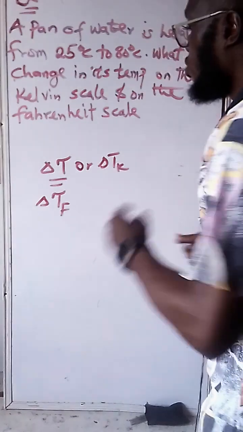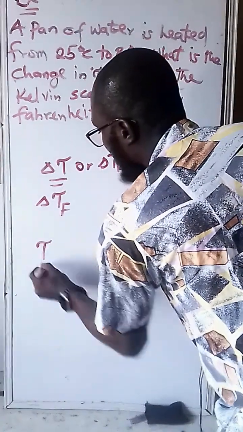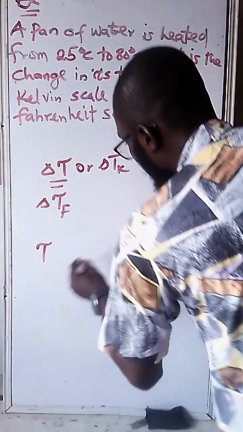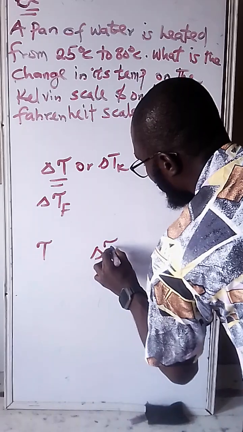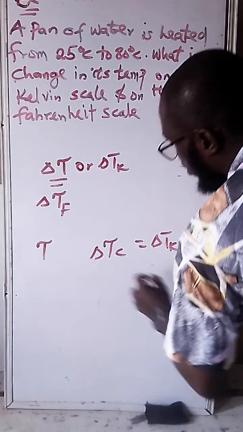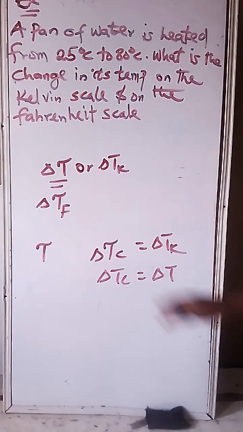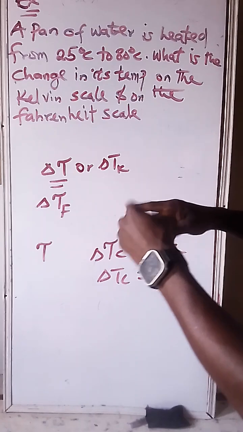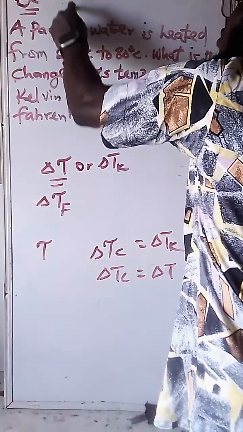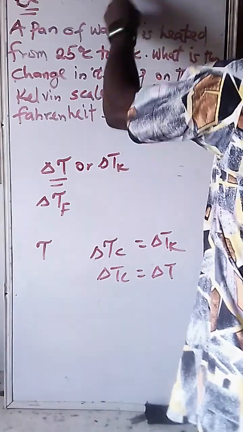So if you are asked to calculate change in temperature, it is different from what is the temperature in Kelvin. The formula changes. And note that change in TC is still the same thing as change in TK, or change in T. We are given 25 degrees Celsius, that is TC1, and 80 degrees Celsius, TC2.